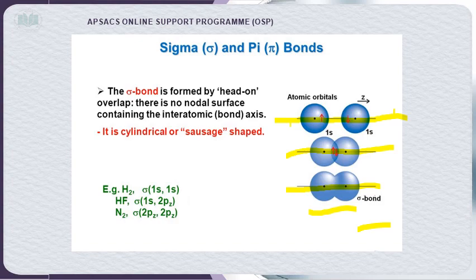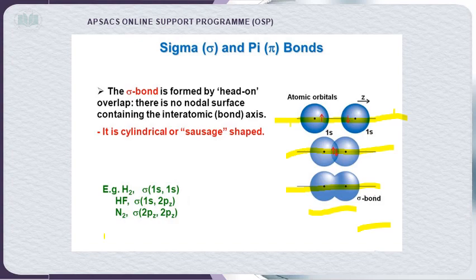They are placed in such a way that their nuclei are present on the central axis and the electronic cloud is localized here. It is also present on the central axis, right? So this is termed a sigma bond formation, right?